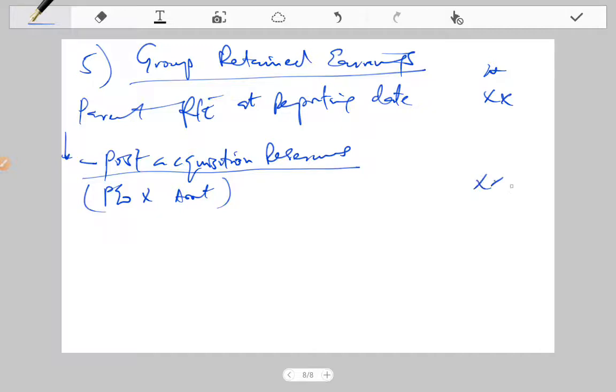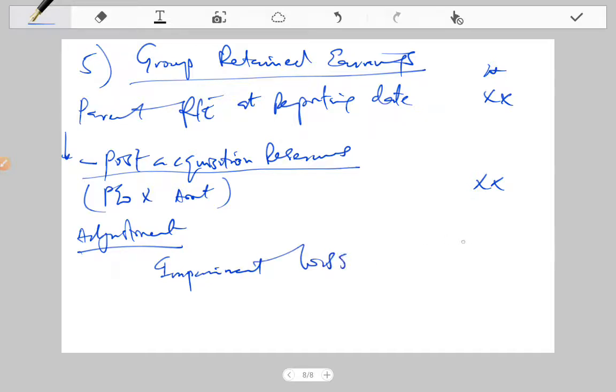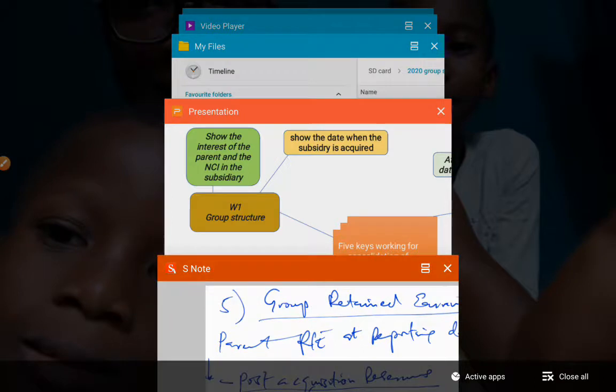Then we also have other adjustments. For now, we'll only be considering what we call impairment loss. So that is the basic rule that I've stated here.